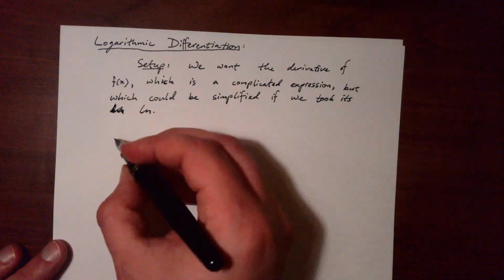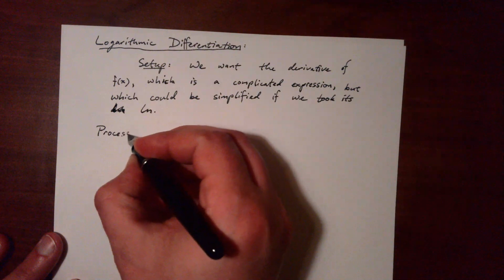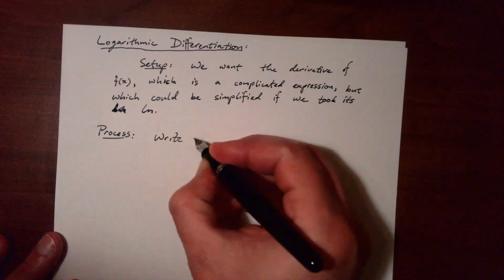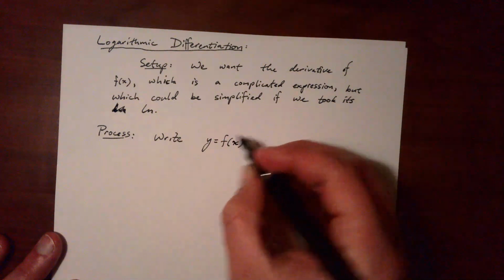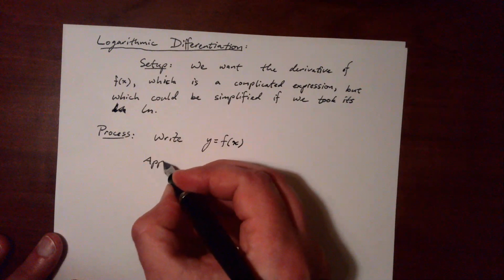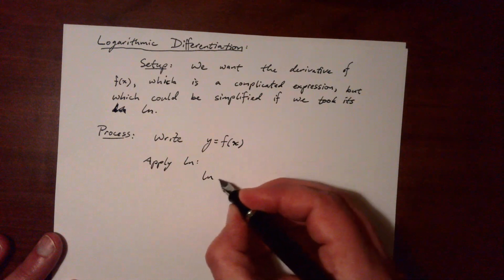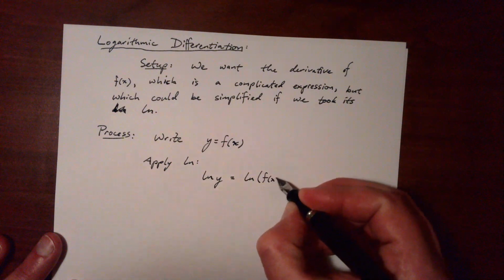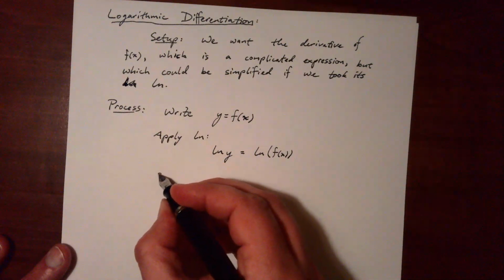So here's the way we do it. The process: say y equals f of x. Then apply ln, so we have ln of y equals ln of f of x, and then hopefully now we'll be able to do some useful simplifications.